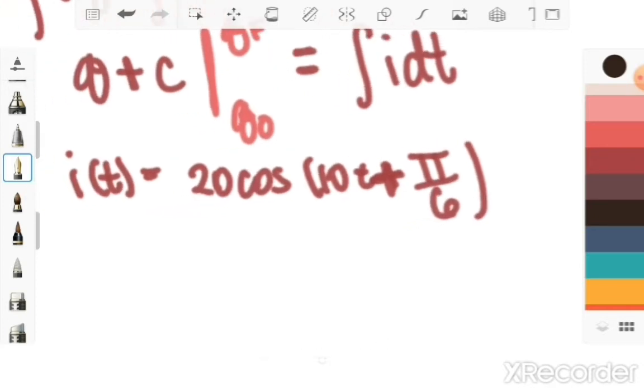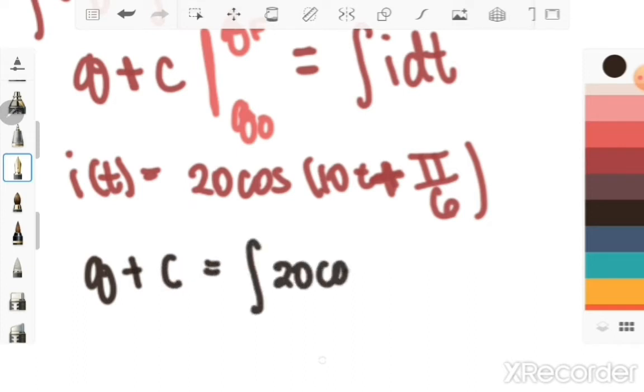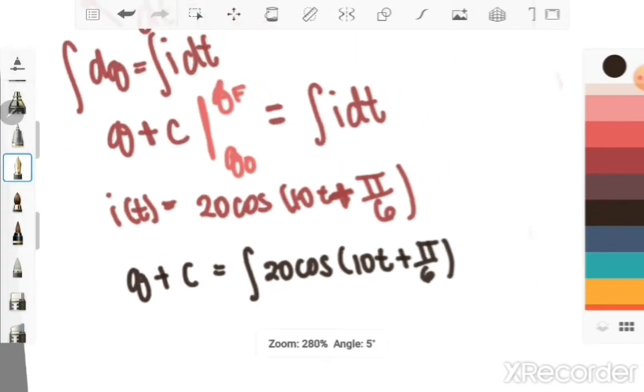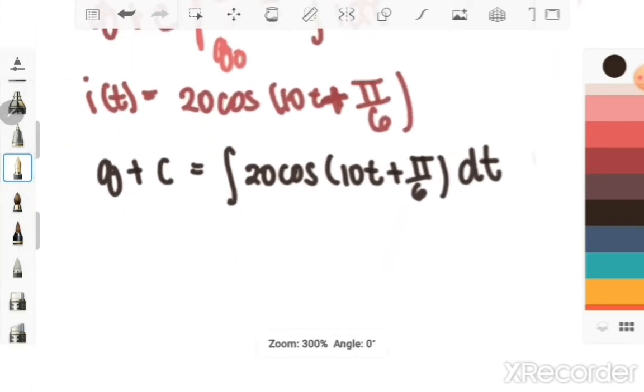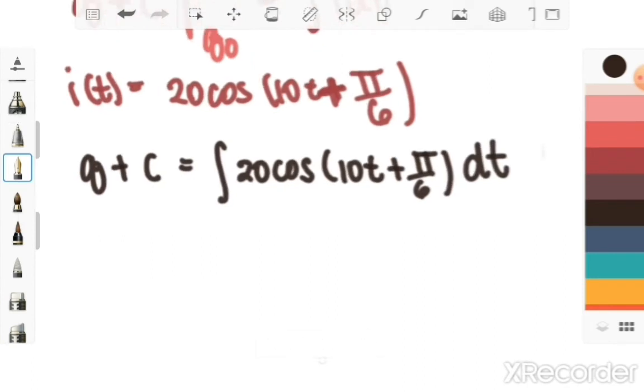So you have your Q plus C is equal to the integral of 20 cosine(10t plus pi over 6). Never forget your dt. Okay? So, how will we solve this one? So, by substitution lang yan, okay?